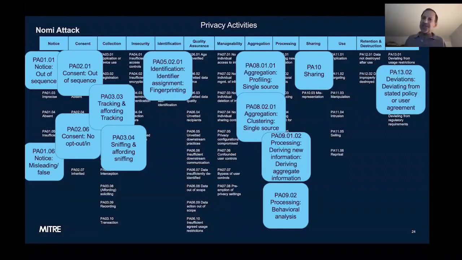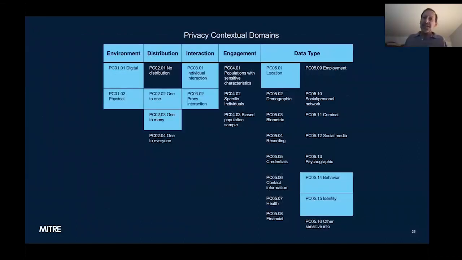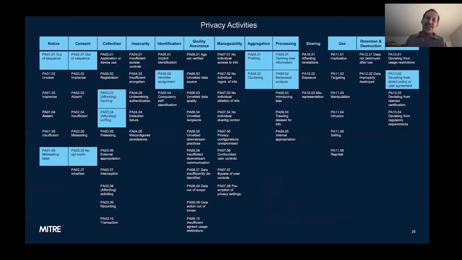They were deviating from their own stated policy regarding notice and consent. So this is what the mapping looks like in a much prettier form. This is the contextual mapping, and this is the activity or threat mapping. And so, that's what a mapped attack looks like in Panoptic.